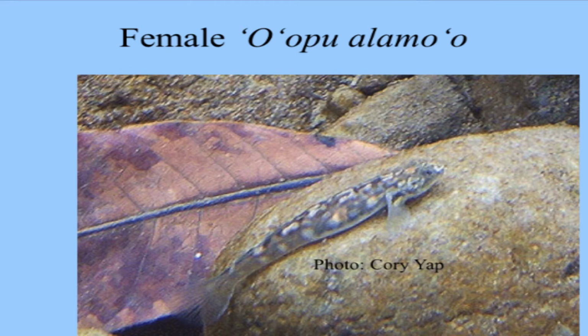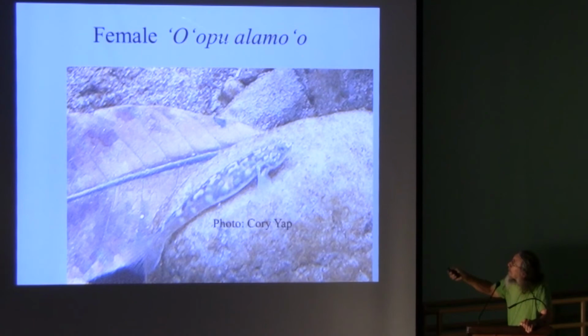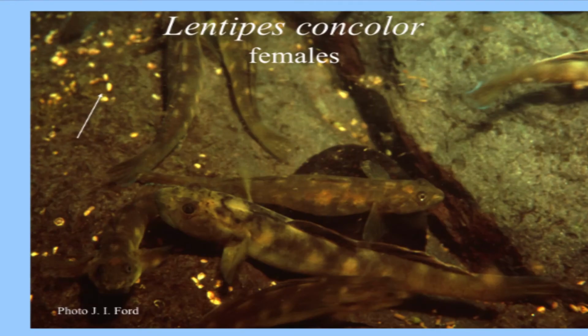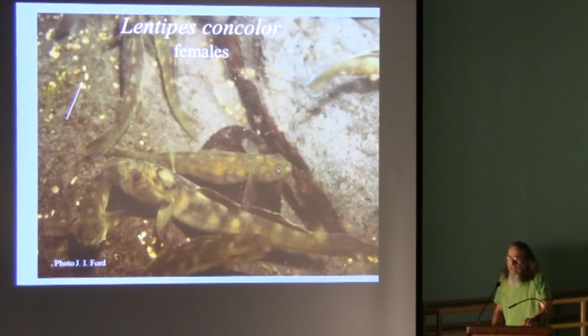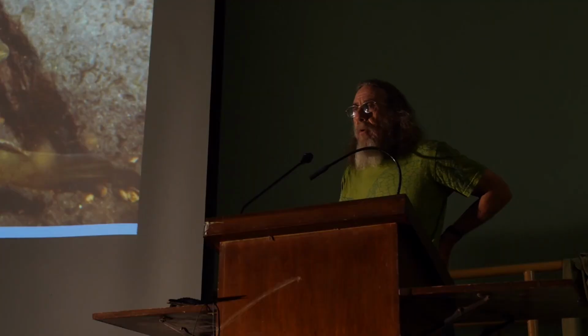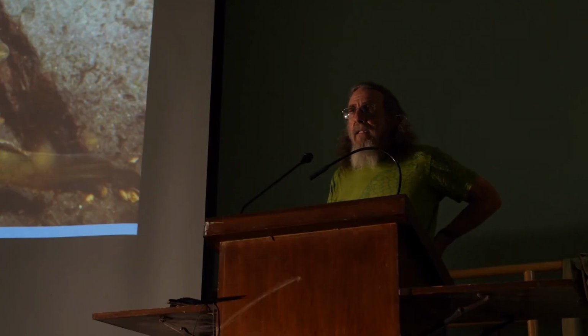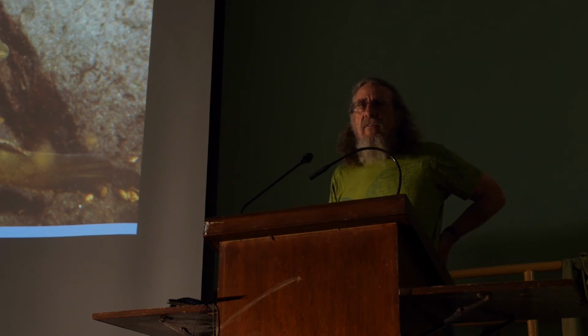That's a female. The only reason I put the slide here, which isn't very good, is this is the Hawaiian name, Alamo'o. And the reason why is they don't have very much in the way of scales, and they're kind of wriggly. So one of the Hawaiian names, Alamo'o, is because they look like little mo'o, like little freshwater lizard things.